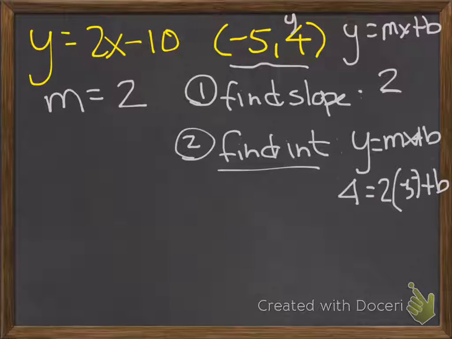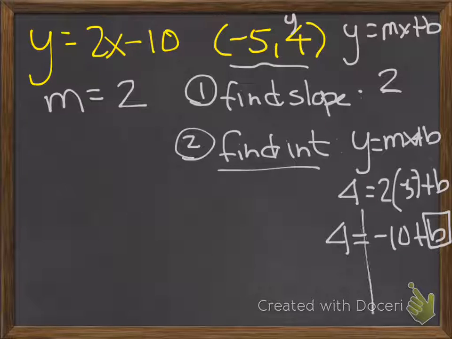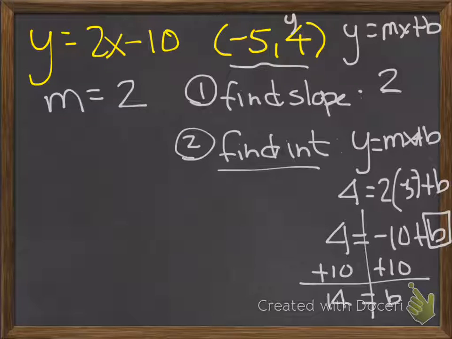Guys, how are we going to solve for b? What is 2 times negative 5? B appears on the right side of our equation. So add the 10 is correct because we have to isolate the b. Okay, anybody tell me the answer?